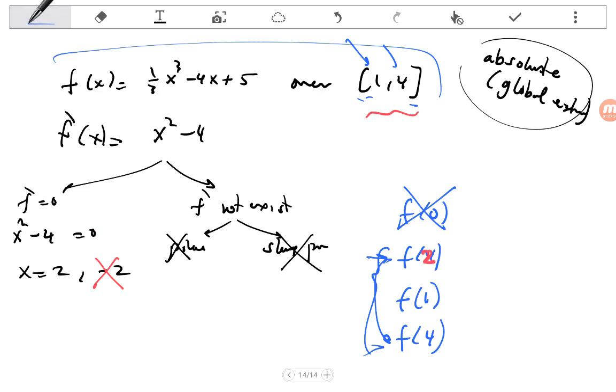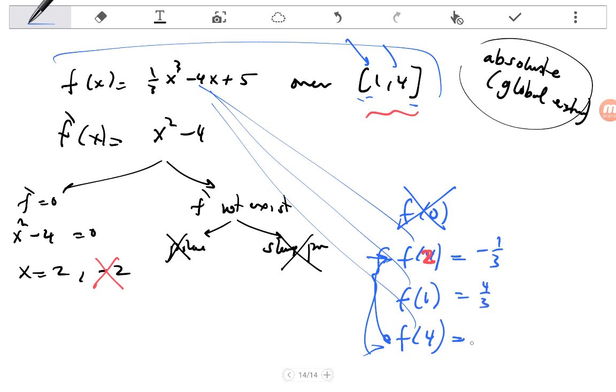I'll just put the 2, the 1 and the 4 in this function. f of 2 will be negative 1/3. f of 1 will be 4 over 3, and f of 4 will be 31 over 3.